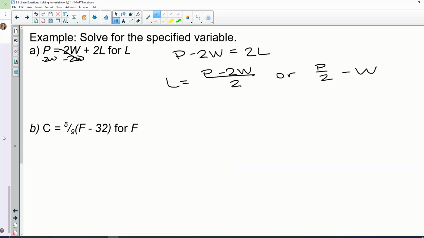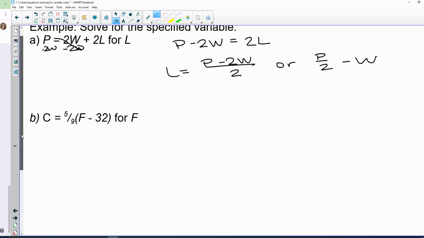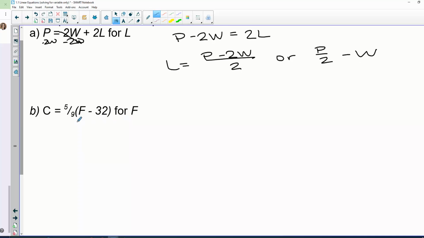The second one, we have this 5/9 in front. You can distribute it, or we can just go ahead and move it to the other side. How can you get rid of that fraction? Yep. So if we multiply by the reciprocal on each side, so 9/5 c, those will cancel, equals f minus 32.